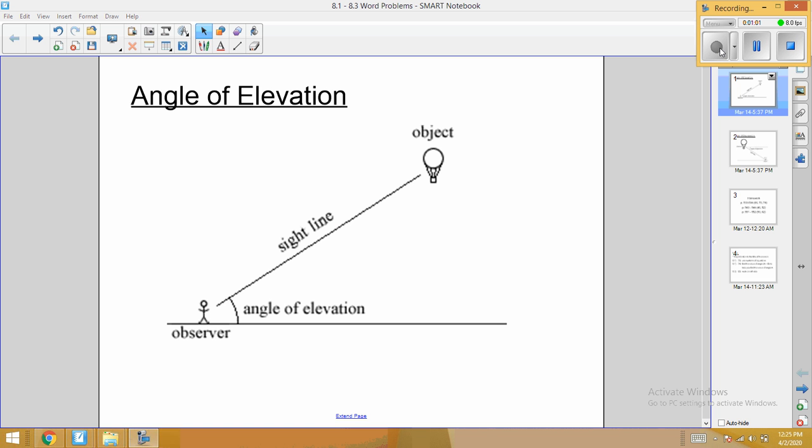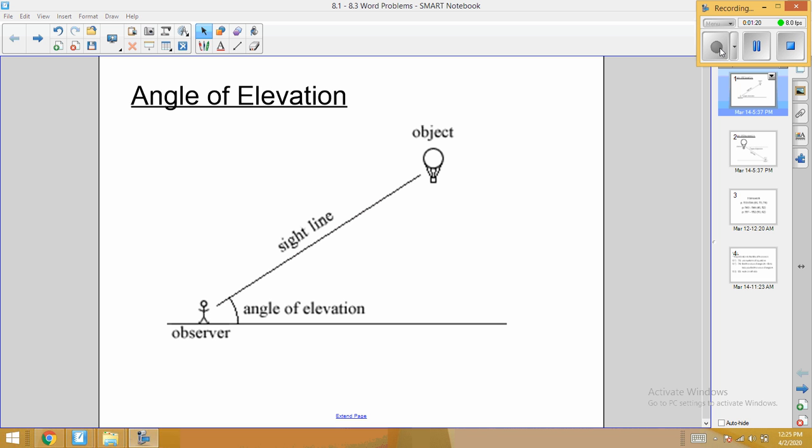Okay, if the problem that you have is not dealing with a right triangle, then you're going to either have to use the law of sines or the law of cosines. So all the math for today's lesson you already know how to do, you've already practiced, and so it's just going to be a little bit of reading carefully and again drawing pictures and problem solving.